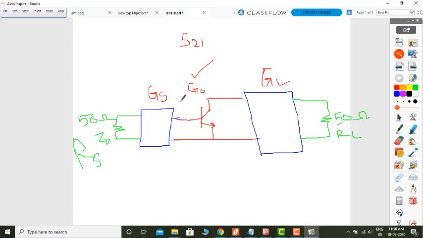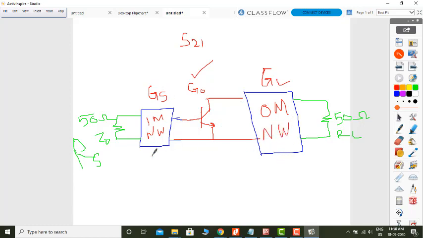But we can control the gains GS and GL by deliberately mismatching the matching networks. This is the input matching network. This is the output matching network.